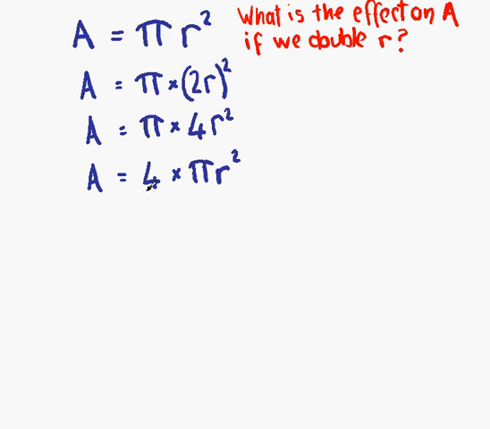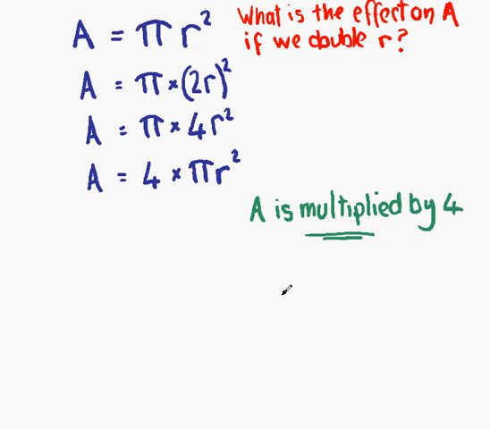So in this line, what we have is the exact same as the top line, our initial formula, only it has been multiplied by 4. So if we double r, the effect is that the area A is multiplied by 4. And that's our answer.